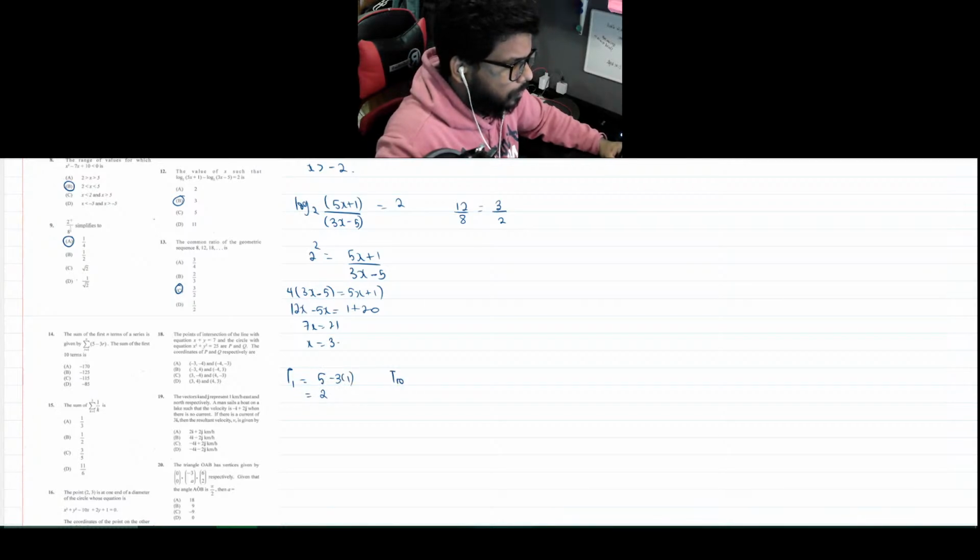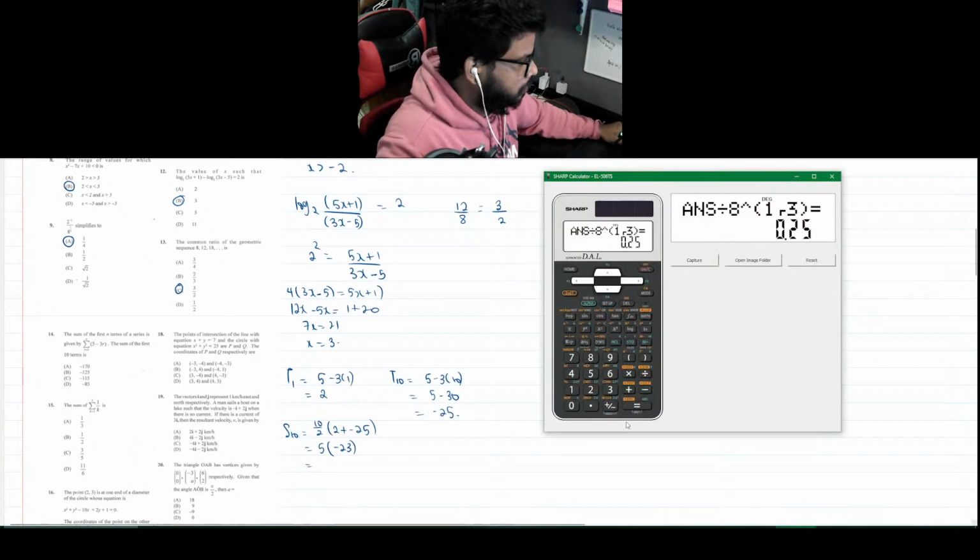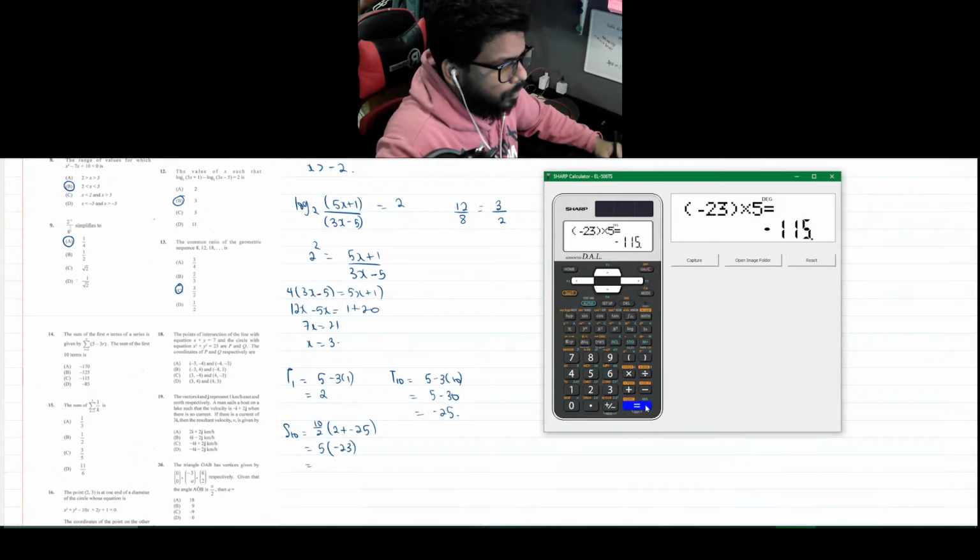And t10 will be 5 minus 3 into 10, which is minus 25. So the sum of the first 10 terms is n over 2 into (a plus l), 5 into minus 23, which is minus 115. C.